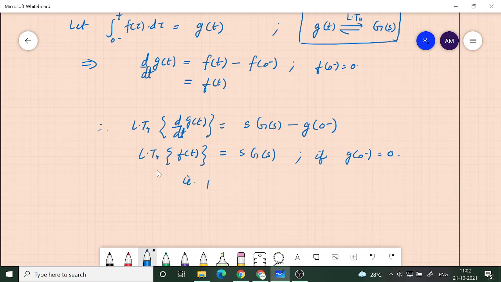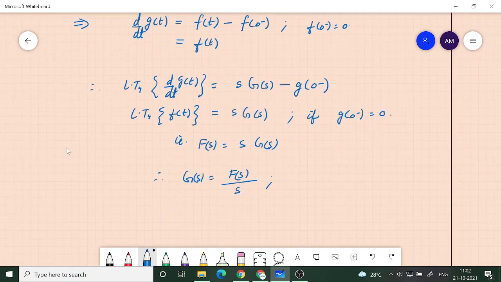That is, F of s is equal to s times G of s. Now what we wanted is basically G of s. Therefore G of s is equal to F of s divided by s. So that is what finally we will get, provided g of 0 minus is 0, which is not really true.